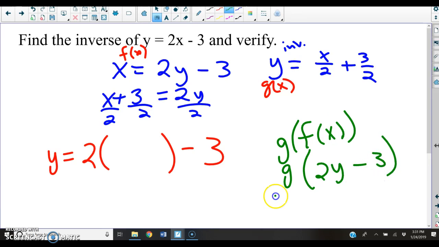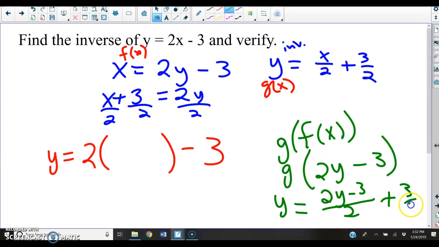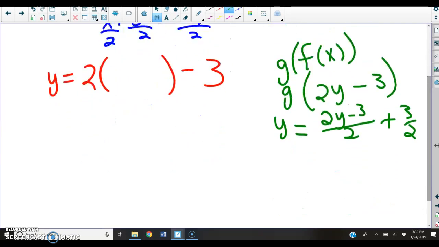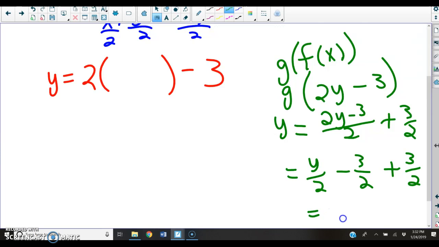So I will have y equals (2y minus 3) over 2 plus 3 over 2. So when I simplify that, I'll get y over 2 minus 3 over 2 plus 3 over 2, and it simplifies back to just that y.